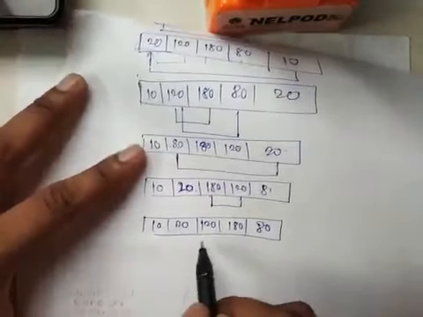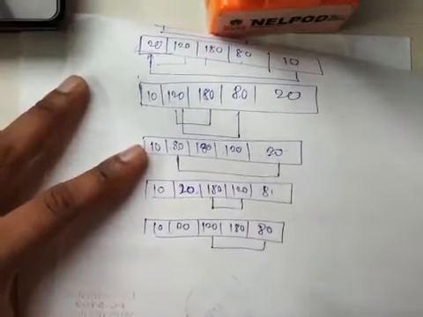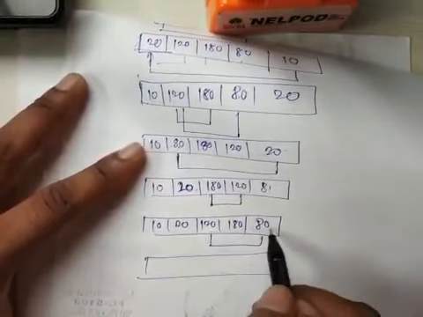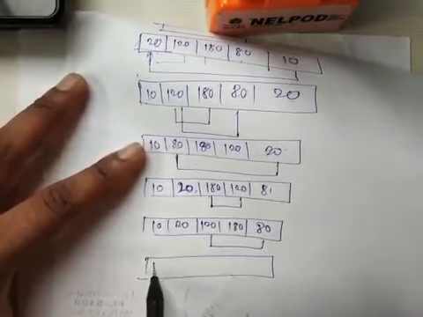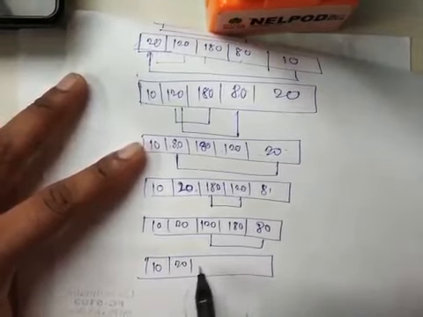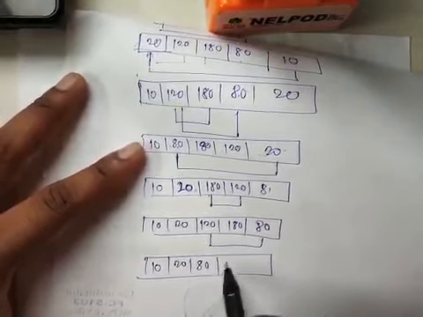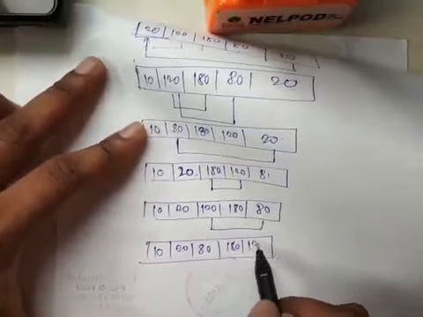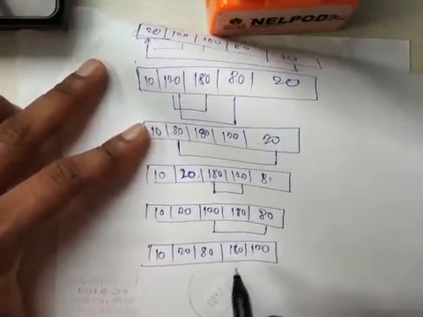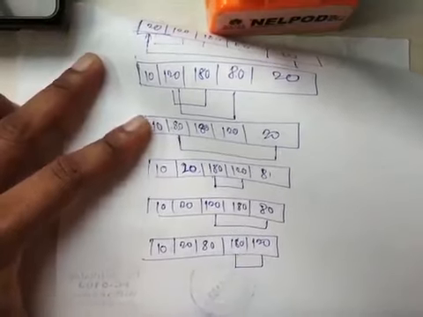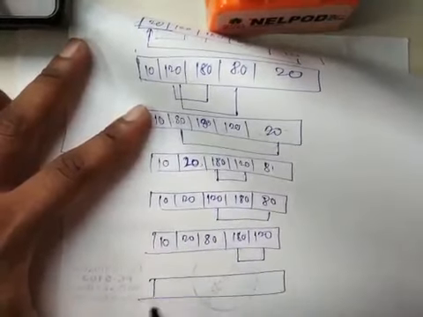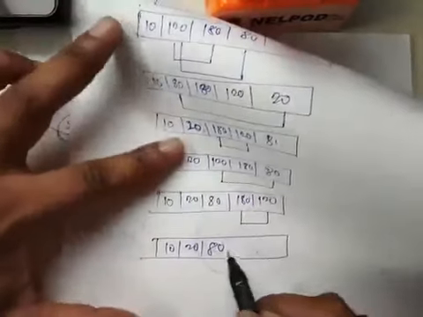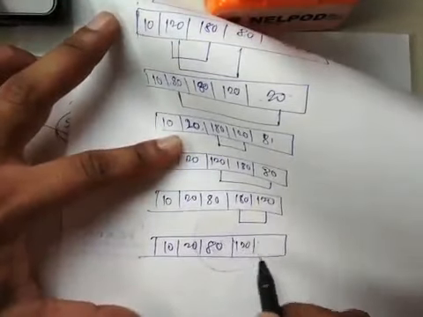Now 120 is compared with 80. 120 is greater than 80, so we swap it. 10, 20, here comes 80, here comes 180 and here comes your 120. Finally, 180 is compared with 120 and swapped. So 20, 80, then 120 and 180.